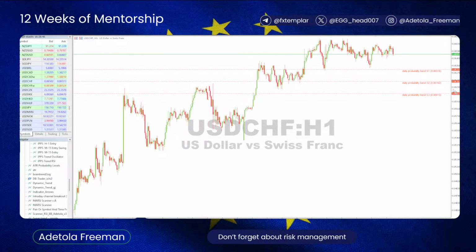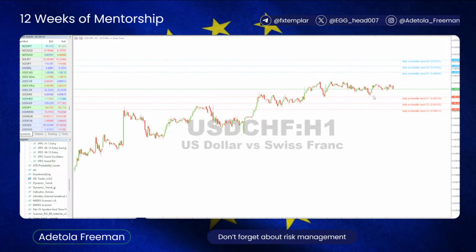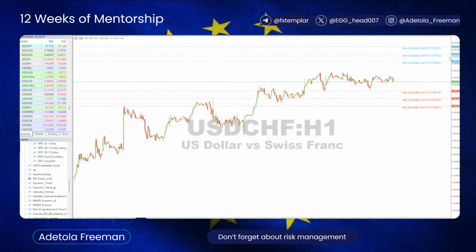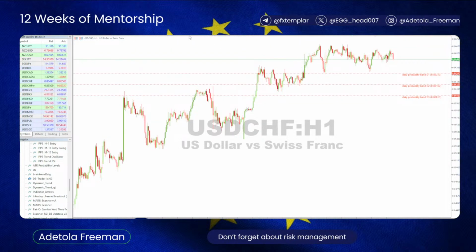And you see that based on this USD CHF chart right now, this is our daily probability band S1, this is S2, that's S3, all the way down there. So if I want to take a trade, what do I want to do? The answer is simple. Where are my demand and supply zones? Since this looks like a bullish trend, I will be looking forward to bullish entries.